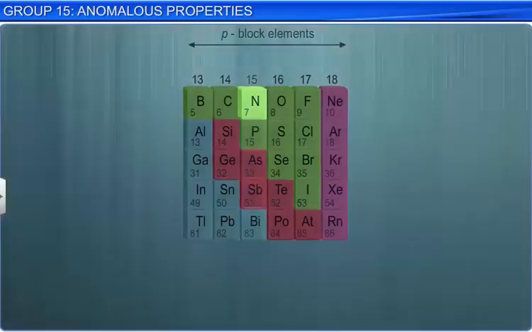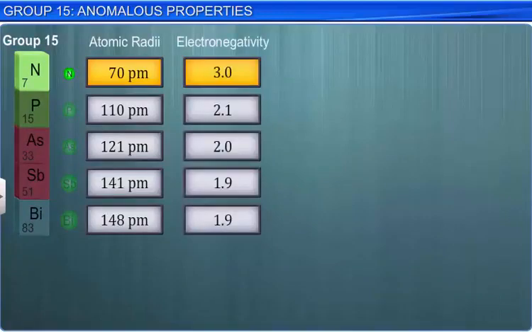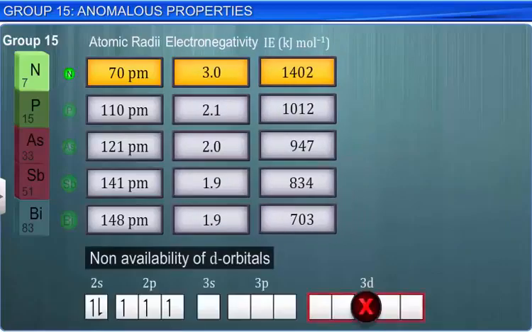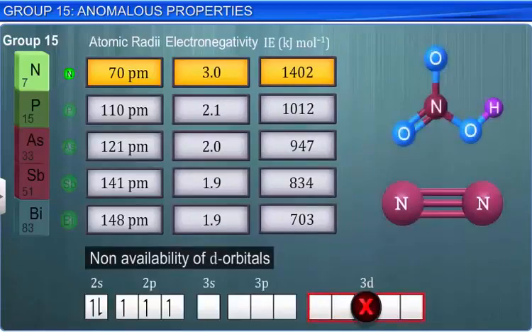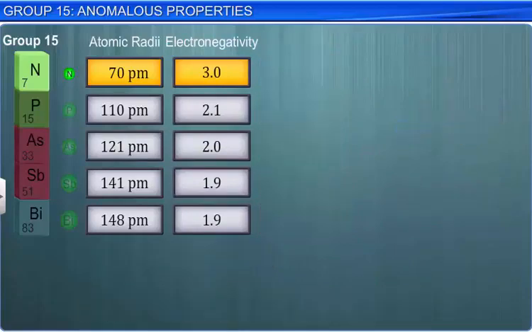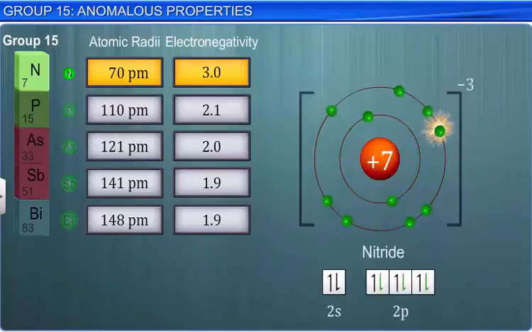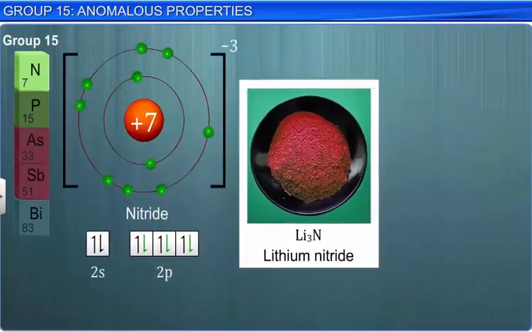The unique properties of nitrogen are attributed to its small atomic size, high electronegativity or high ionization enthalpy, the non-availability of d orbitals, and the propensity to form multiple bonds. Only nitrogen can form nitride ions by gaining electrons due to its small size and high electronegativity. For example, lithium nitride and magnesium nitride.